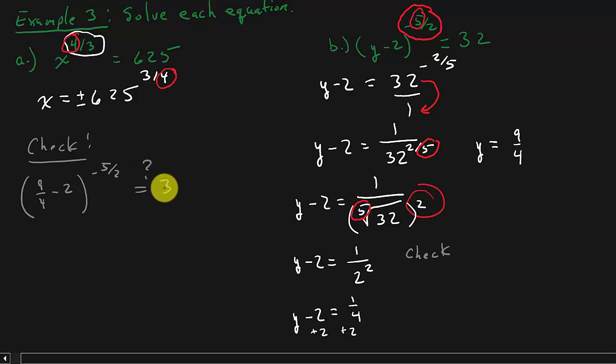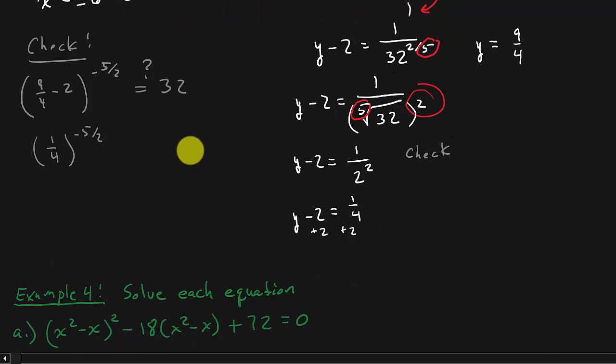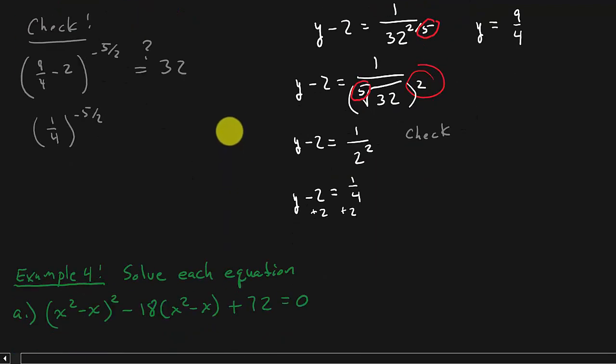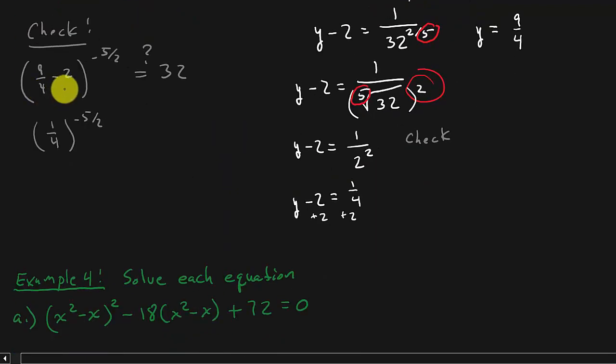And I want to know, does that equal 32? All right, so 9/4 minus 2, that is 1/4 to the negative 5/2. And I'll write the 32 down later when I get there. Is that right? 9/4 minus 8/4 is 1/4. Yep, that's right.